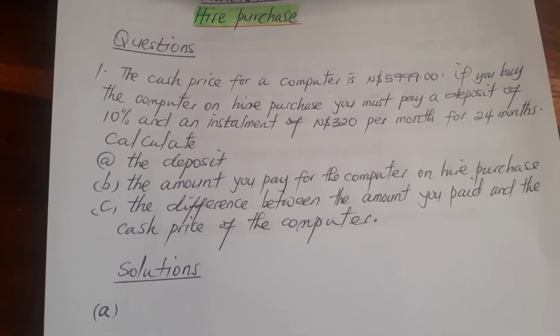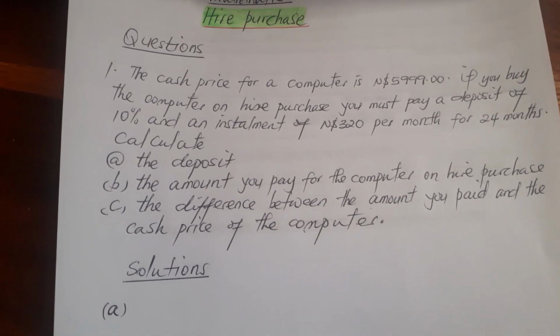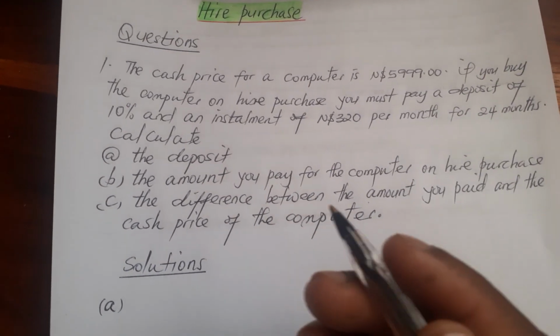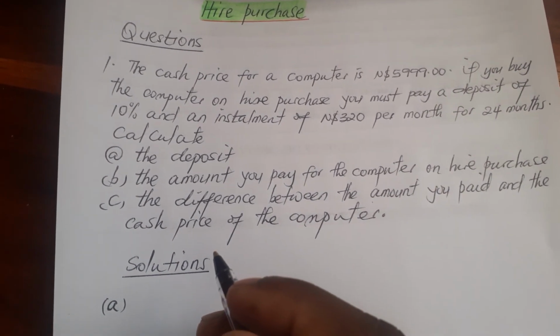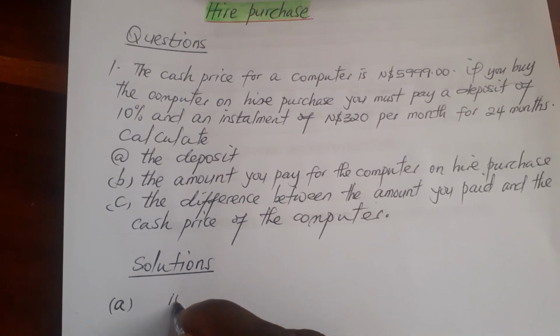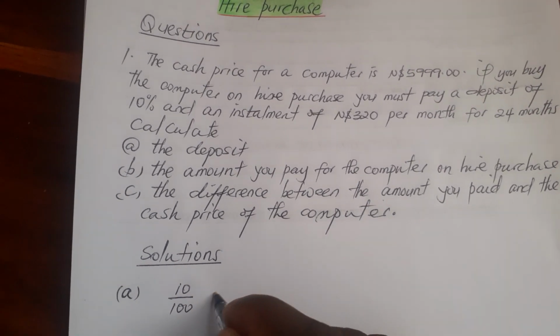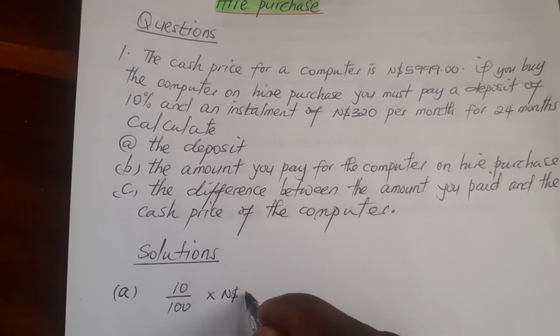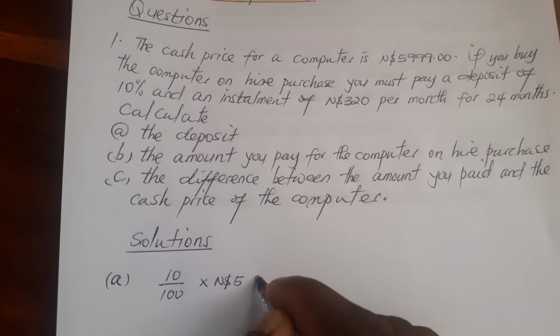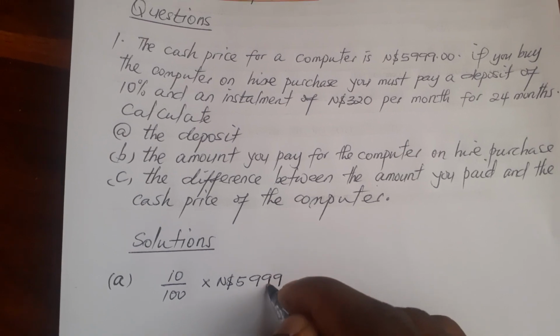So the first thing that you need to do, we know 10%. Let me just do the easiest way. You can take 10 and divide that by 100 and then multiply by the cash price, which is 5,999 Namibia dollar.